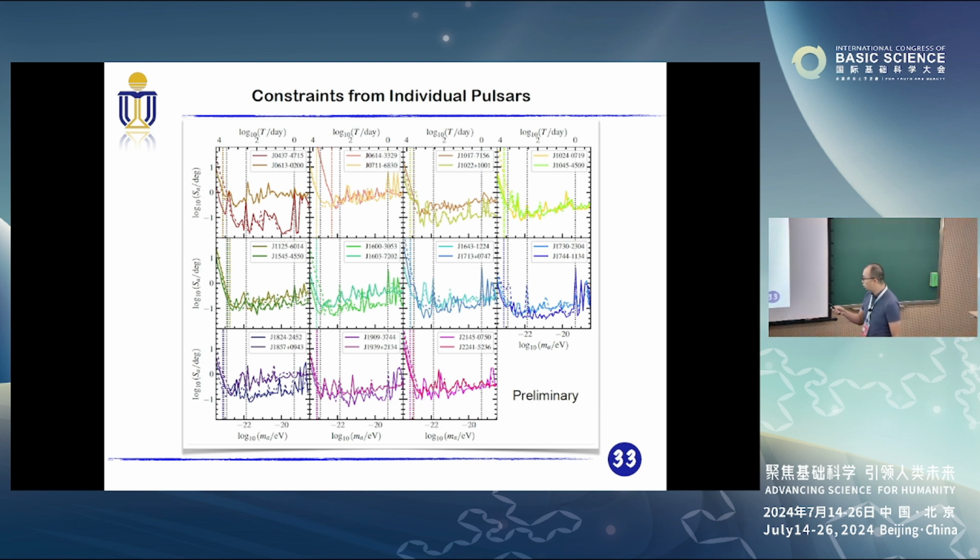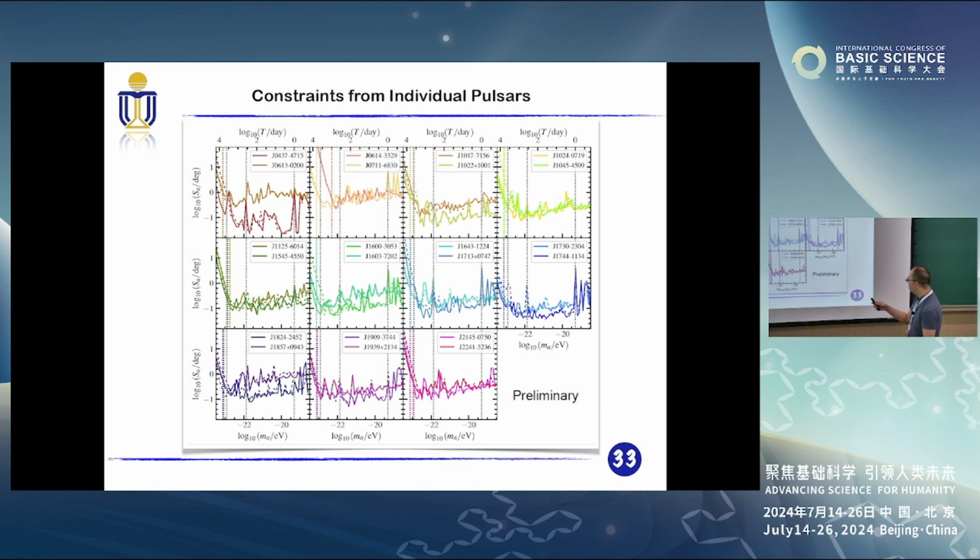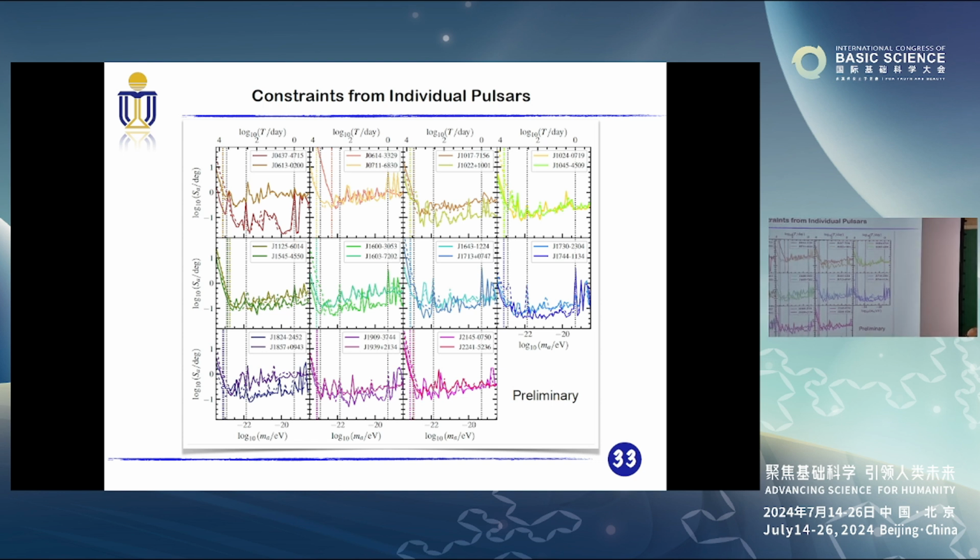From this plot, we can see to what extent the current data can constrain the rotation angle induced by the signal. For example, here, in degrees, yes, about 0.1 or slightly below that.